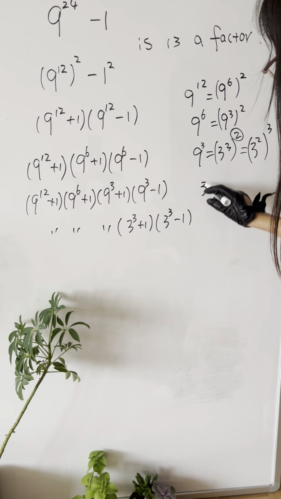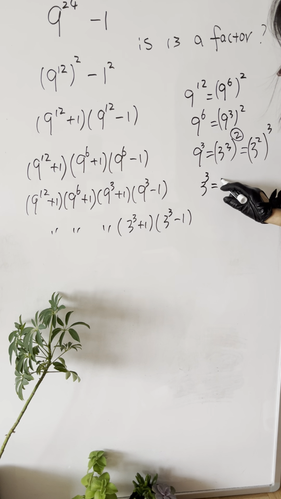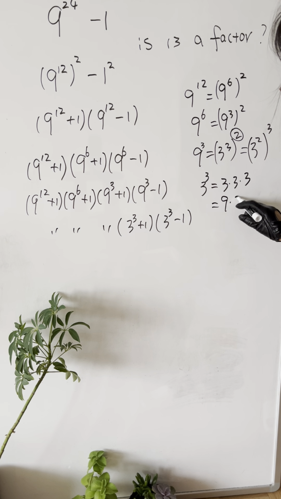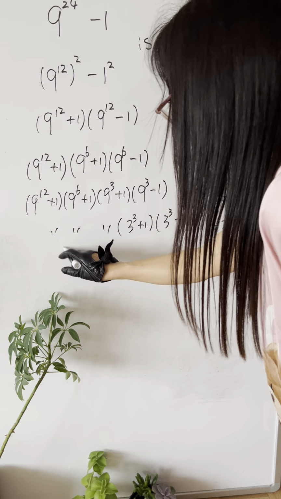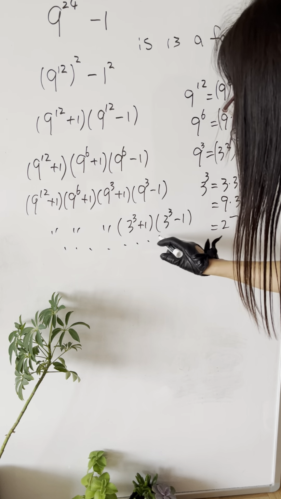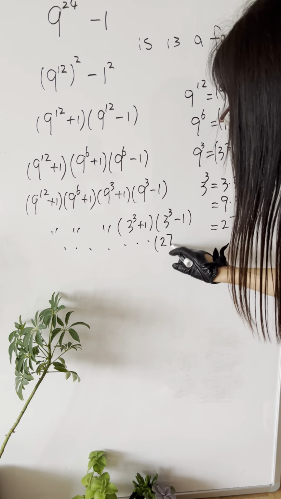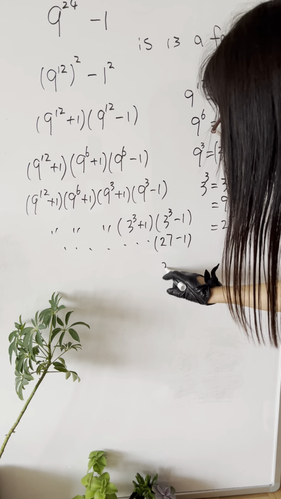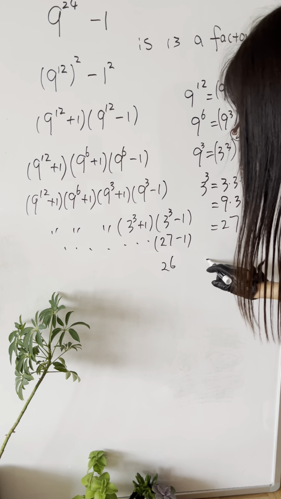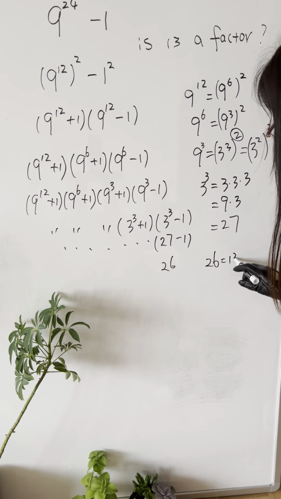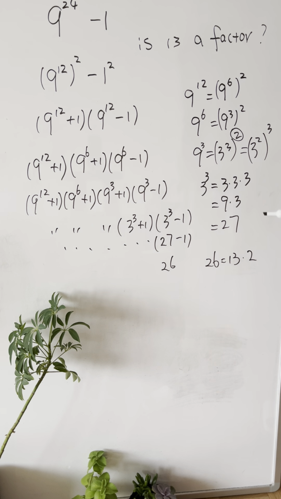Well, what's 3 raised to 3? That's 3 times 3 times 3. That's 9 times 3, that's 27. Well, keep writing this. This factor has 27 minus 1, which is 26. Well, 26 is 13 times 2.